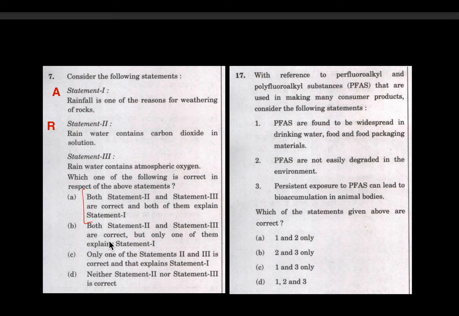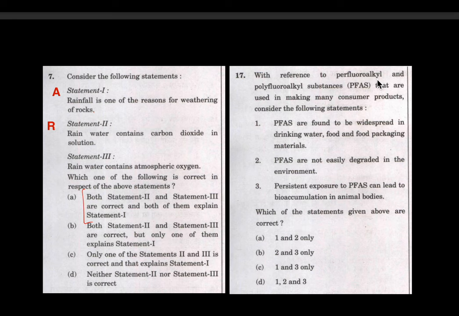But what we have to understand is that the moment we see a statement 1, 2, 3 kind of question, the first statement is an assertion, and then we see statement 2 and 3 separately, and connect either 2 to 1 or 3 to 1 or both 2 and 3 together with 1. This is the kind of logic that you have to keep in mind.